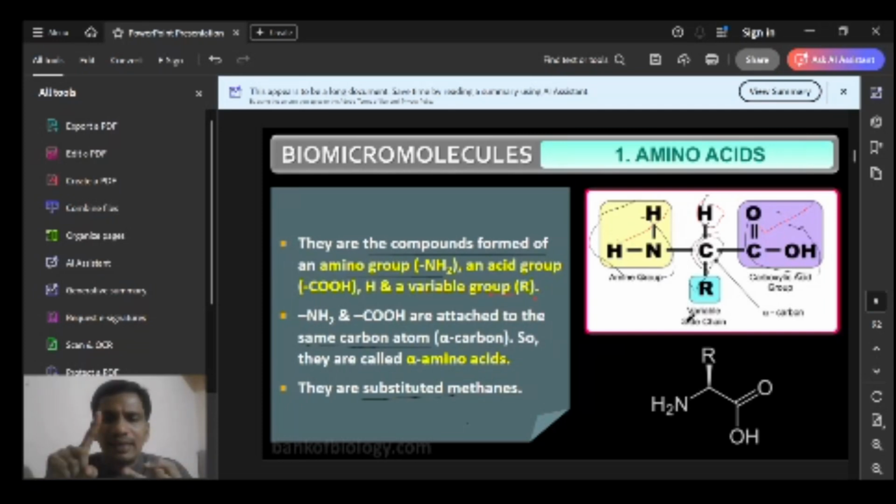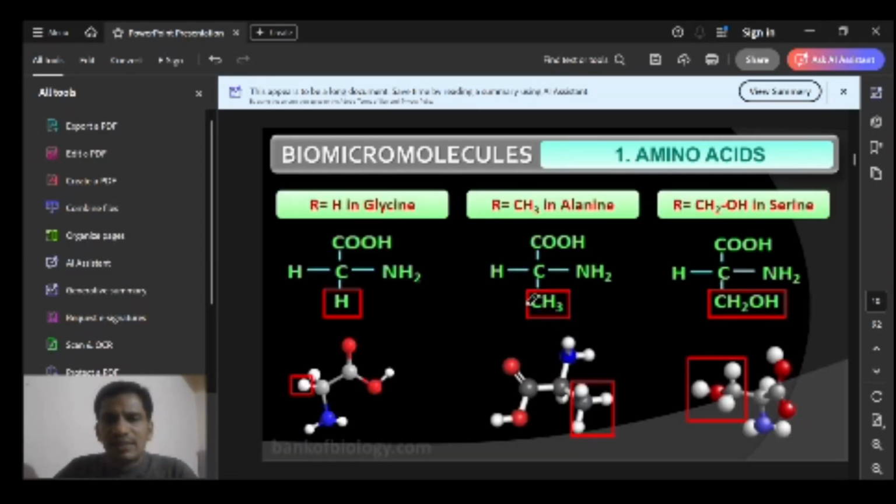Next, see the R place, the variable side chain. If hydrogen is there, that's glycine. If CH3 is there, that's alanine. If R is substituted with CH2OH, then that is serine.